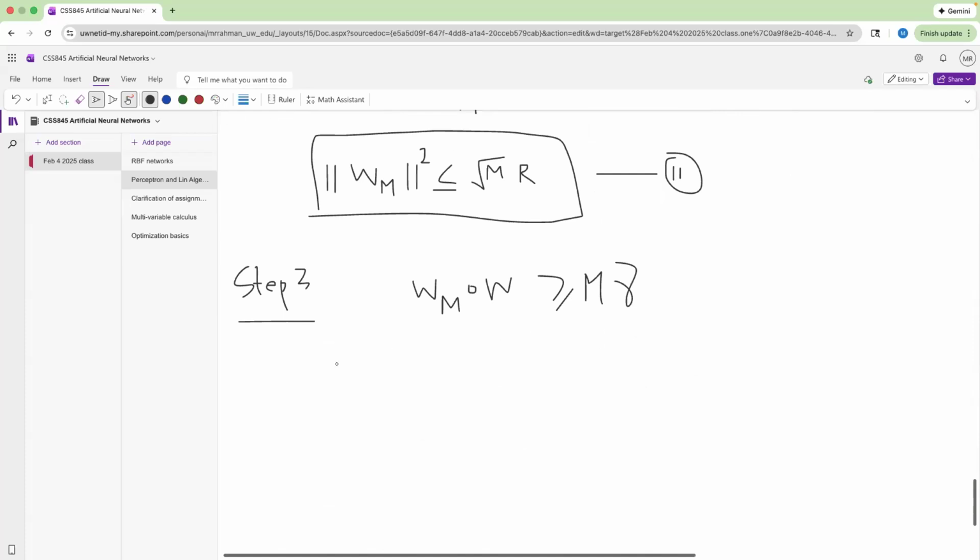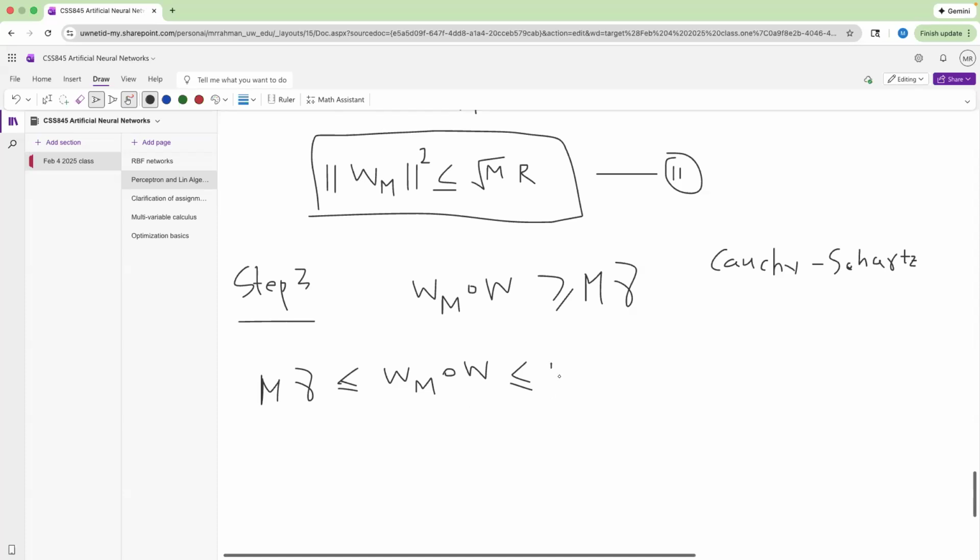So if I reverse this, then I can say that m times gamma is less than or equal to Wm times W. And now here we apply something called the Cauchy-Schwarz inequality, which is a very important inequality in mathematics, which says that the dot product between two vectors is upper bounded by the product of the norms of the vectors.